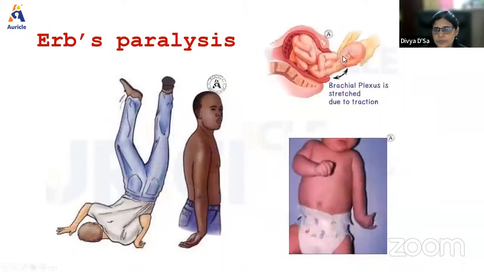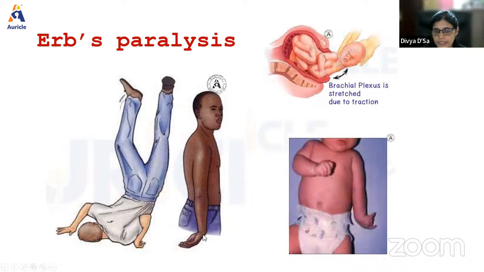Erb's palsy is caused by excessive traction there, or sometimes a fall on the outstretched hand can also lead to Erb's paralysis. What happens here? The arm is adducted and medially rotated, the forearm is pronated, and the hand is turned backwards, like supinated posteriorly, like this.